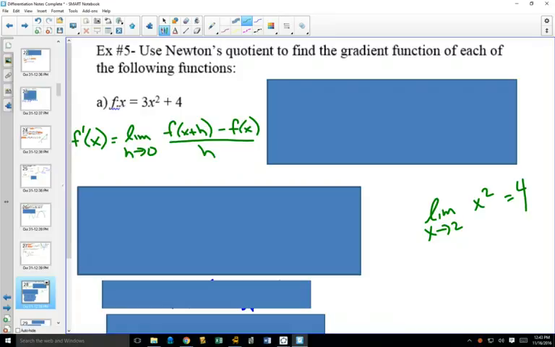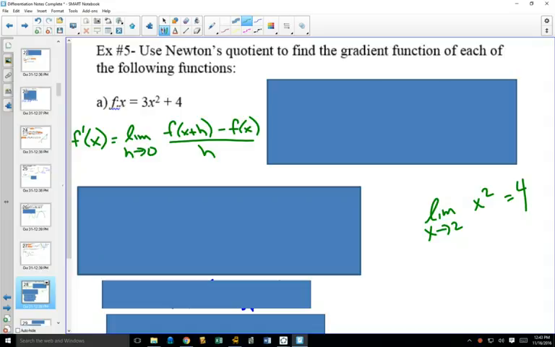The problem with our definition of the derivative is if we plug in 0 for h, what do we have on the bottom? We have 0. We're dividing by 0, and that's not allowed. So what's going to happen in these definitions of the derivative is we're going to plug everything into our equation. We're going to use our algebra skills to simplify.